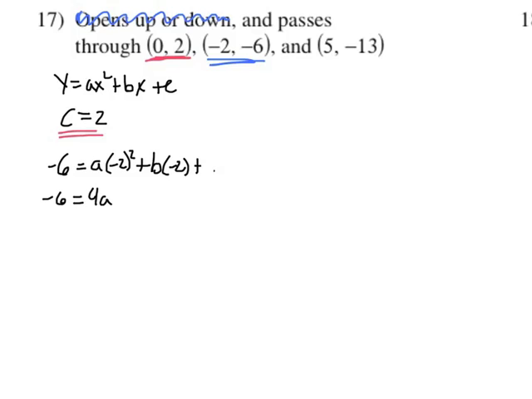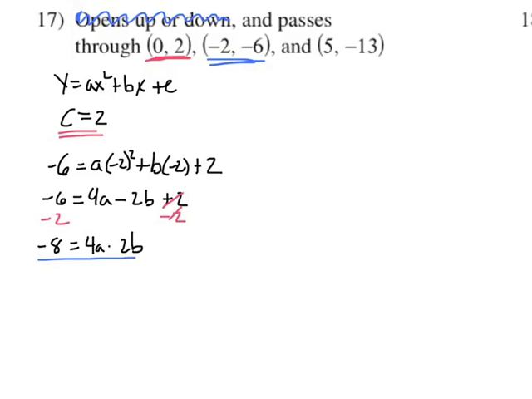C is 2. We've got to plug in for that. So negative 2 times b is negative 2b, and I have plus 2 for c. So we've got to subtract 2 from both sides. So negative 8 equals 4a minus 2b. So there's one of our two equations.